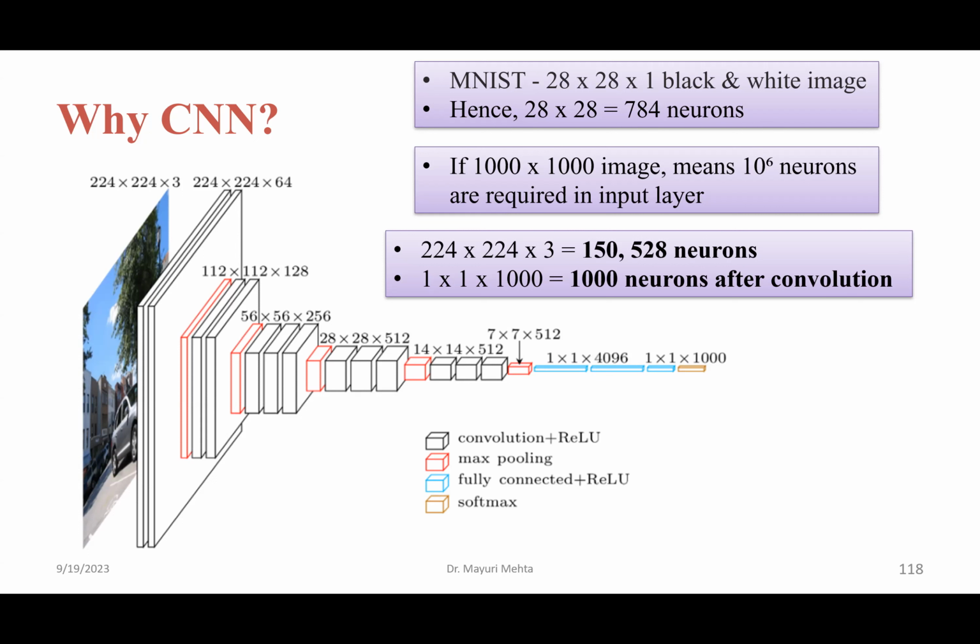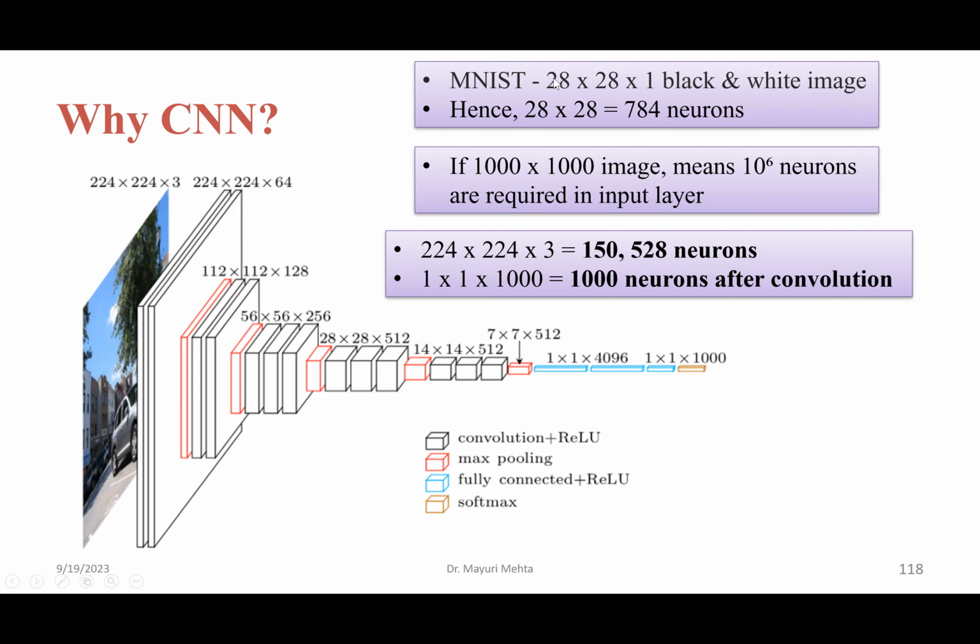Now, suppose we want to process this MNIST dataset. It contains images. Which kind of images? Black and white images. All these images in the MNIST dataset have a resolution of 28 cross 28 cross 1.